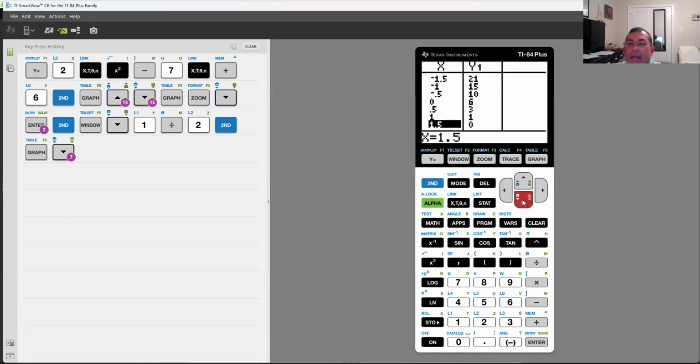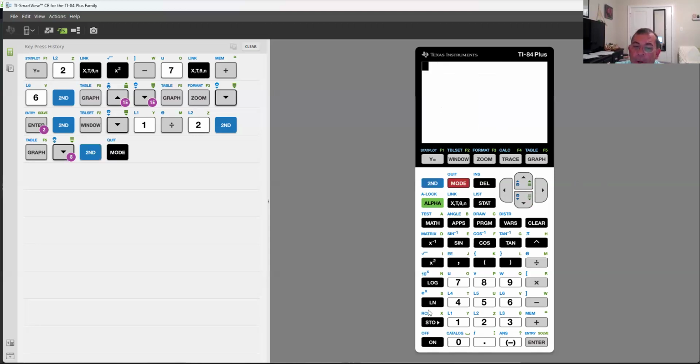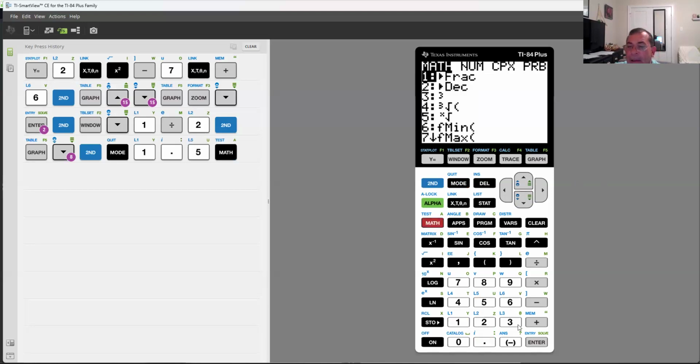let me head to the right side. Oh, at 1.5, I got a 0. And at 2, I got a 0. So those are my two numbers, 2 and 1.5. Now, that 1.5, I'm going to turn that into a fraction. 1.5, hit math and enter twice, and that gives me a 3/2.